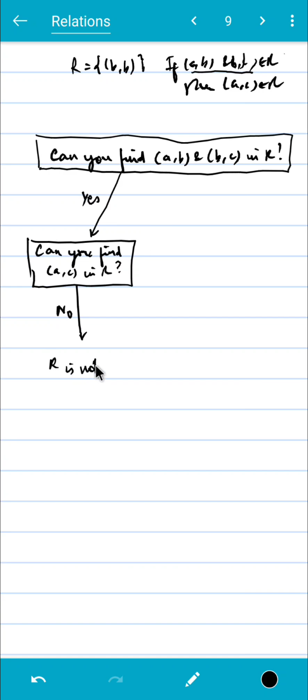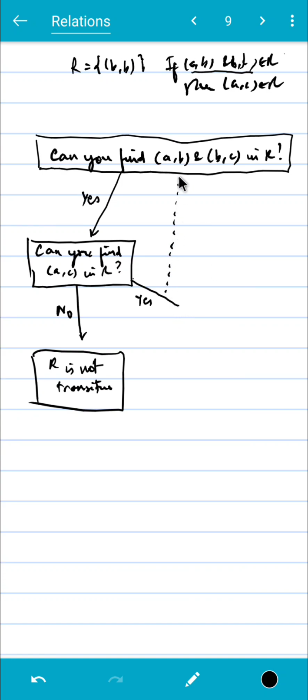So R is not transitive. But suppose you can find it, so yes, I can find (A, C). Then of course you go back to the same question and try for other values of (A, B) and (B, C). But if always you can find (A, C) for all of them, then we can say that R is transitive.